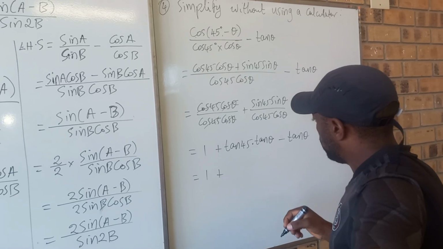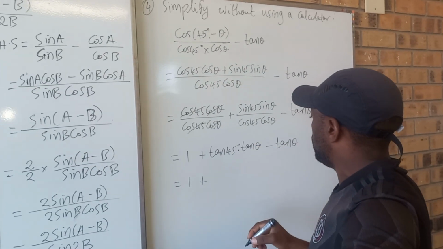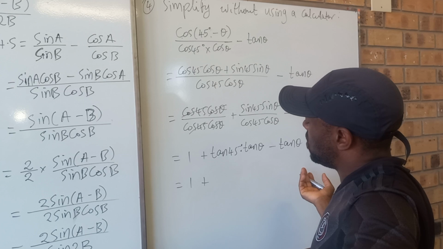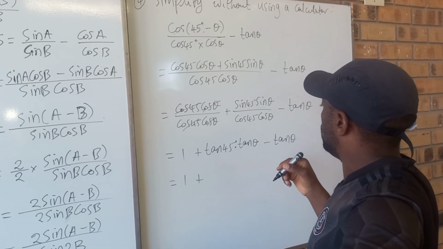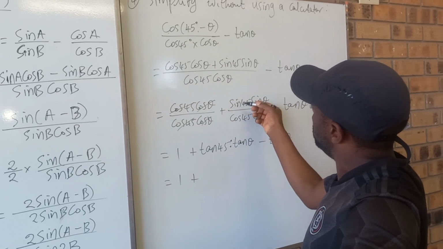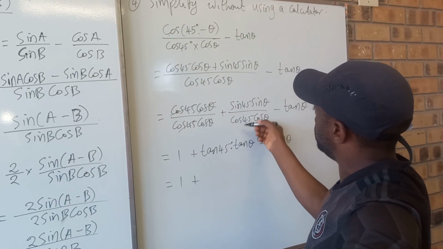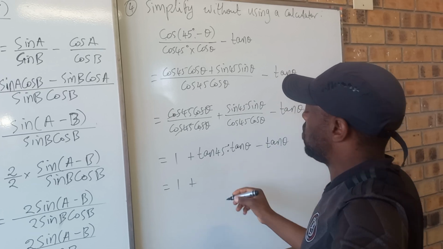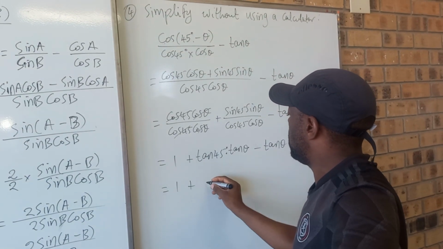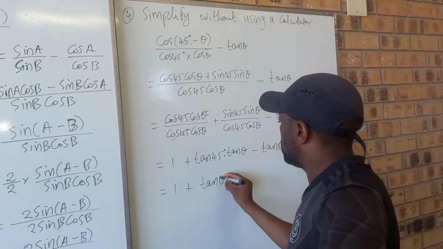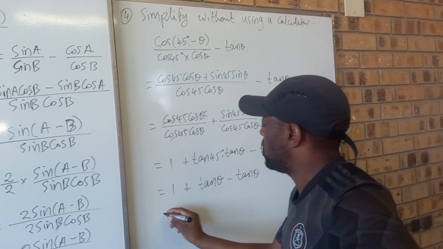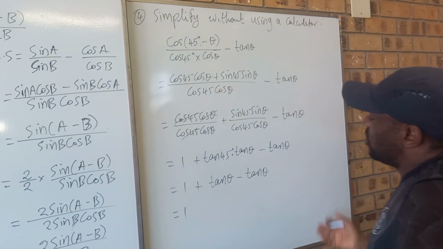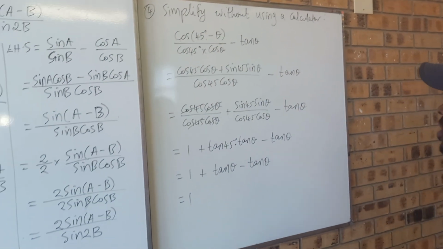If you are familiar with special angles, you will know that tan 45 is just a 1. Another thing we will say is that sine 45 is root 2 over 2, cos 45 is root 2 over 2, so you see this one actually creates a 1. So this is just 1 there, then plus tan theta minus tan theta, so you see that simplifies, and your final answer is 1.